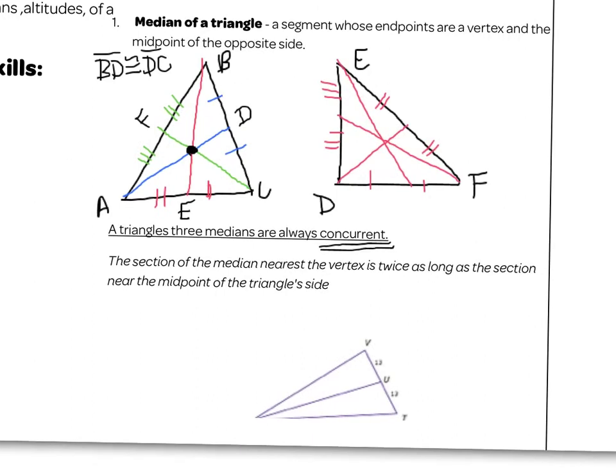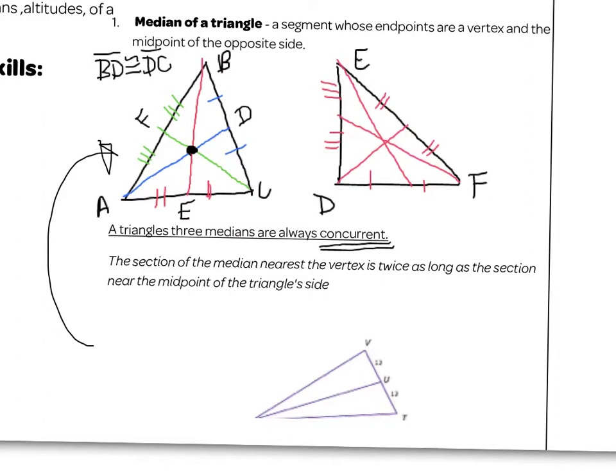This statement says, the section of the median nearest the vertex is twice as long as the section near the midpoint of the triangle's side. What? So basically what that means is, let's look at triangle ABC again.